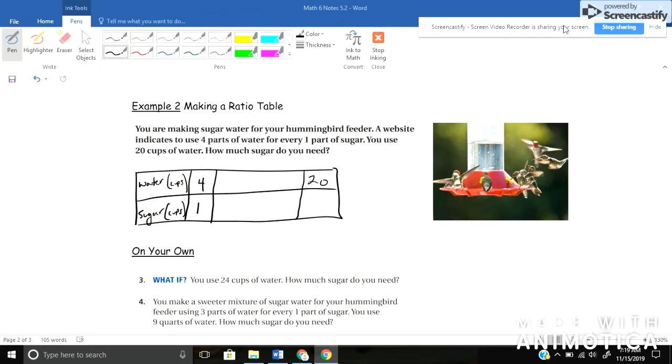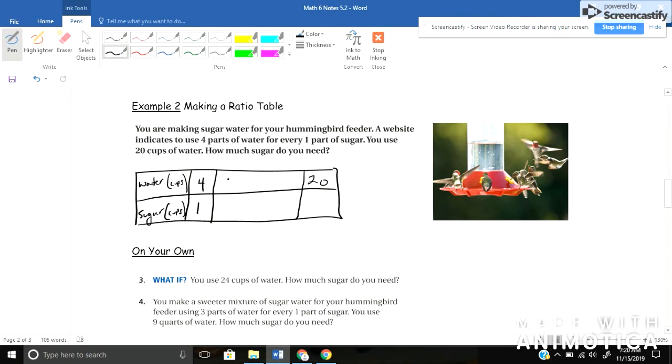Okay, so the first way that I'm going to do this is I'm just going to pretend I have a 4-cup jar, and I can only fill my hummingbird feeder in 4-cup increments. So I know that I need to get to 20 cups, but I can only go 4 at a time, right?